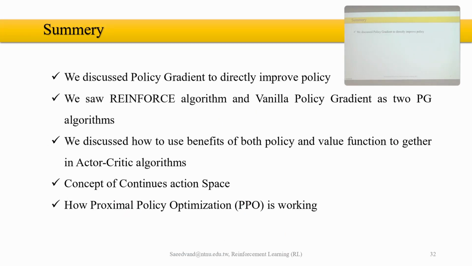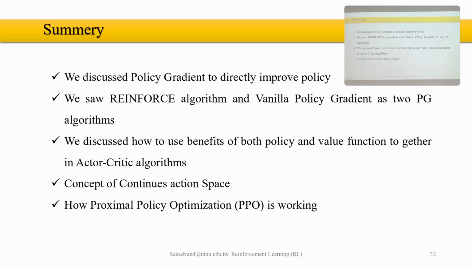So what did we study today? Today we discussed the policy gradient and how we can directly improve the policy without calculating value first. Then we studied the REINFORCE and vanilla algorithms. We saw how they perform as two policy gradient algorithms. After that, we discussed how we can use the benefits of both policy gradient and value function estimation together and put them together to introduce the actor-critic algorithm.